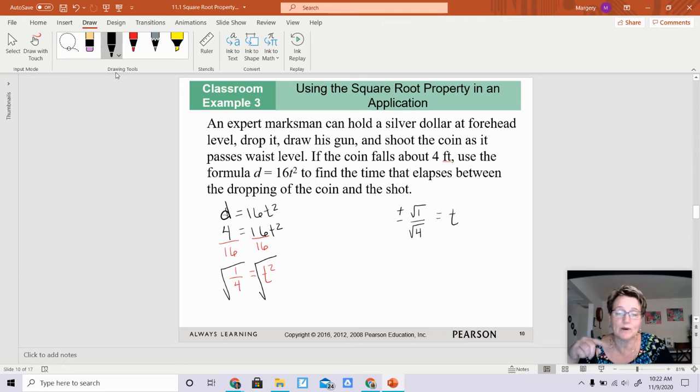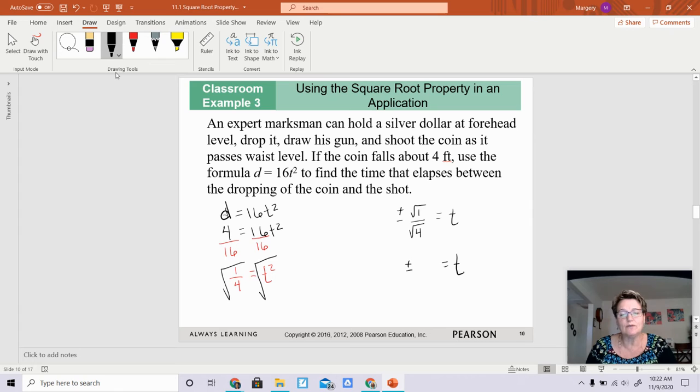Remember, the square root of 1/4 is exactly the same thing as the square root of 1 over the square root of 4, because whatever's under the radicals is being multiplied or divided. This is a division problem. I personally like making the square root on top and the square root on the bottom so that you can see it a little clearer and simplify it easier.